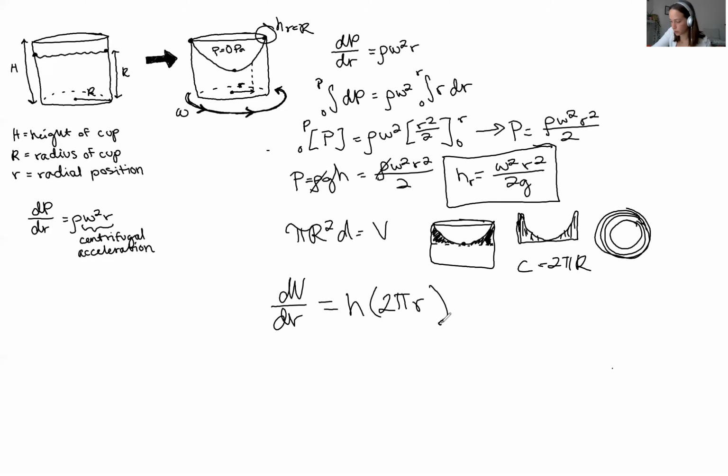And technically for this, it'll be small r, since again, that's our radial position and we're looking at it in intervals. So then we can derive this, or integrate it, I should say.